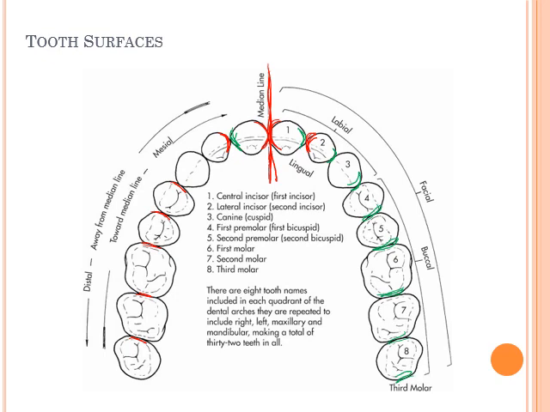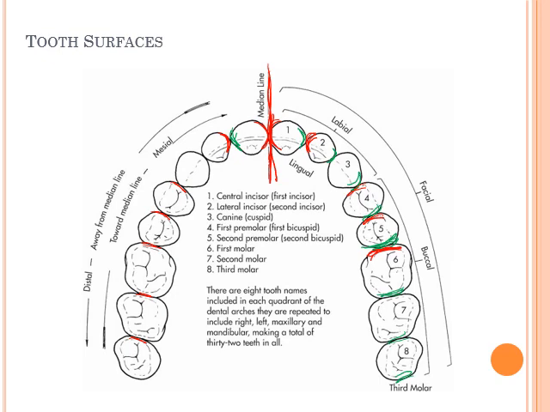You can also see that the mesial surface of a tooth is usually touching the distal surface of the tooth preceding that one. And that's true for all of the teeth except for when we get to the center, because in the center here we have two mesial surfaces touching each other.